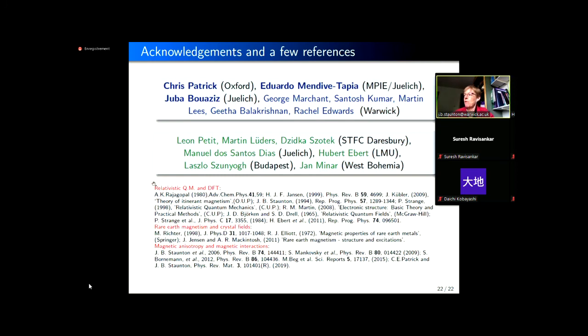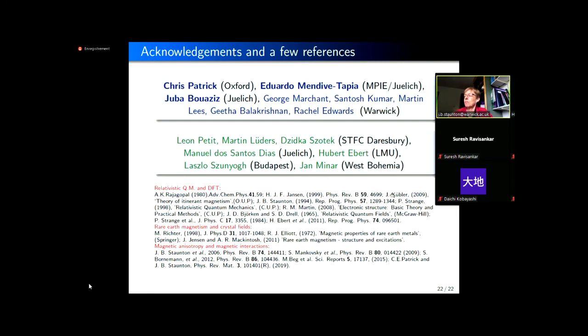Some references that people might find useful, hopefully. There's the original paper by Rajagopal on relativistic density functional theory. There was a very nice article by Janssen in Physical Review that gives a very nice description of where the various terms come from, which you can then connect to these more long-range models from the density functional prescription.